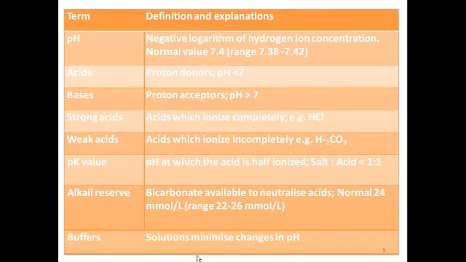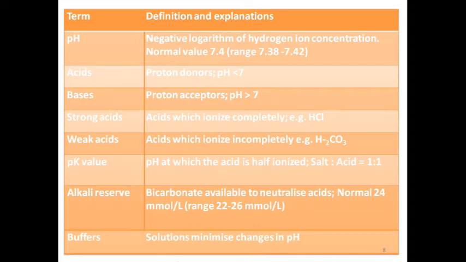These are some definitions. pH is the negative logarithm of hydrogen ion concentration. Neutral pH is 7. Acids are proton donors, and the pH of acids is less than 7.